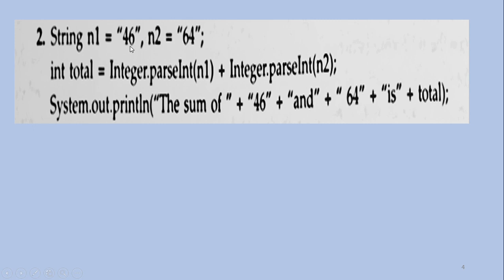So now how do I convert this string 46 into a number 46? We have learned the wrapper classes: Integer.parseInt(n1). So what will happen? Whatever is in n1, what is in n1? 46. 46 which was a string will be converted into the number 46.